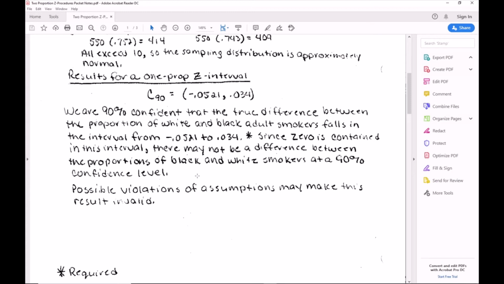Like if we went to 85% or 80% confidence on this one, 0 might fall out and not be included anymore. In that case, we wouldn't be able to note that it was there. We would note that it wasn't there, so that there might be a difference. So really all we're saying is there may not be a difference based on the margin of error that we're using, which can change with your confidence level.